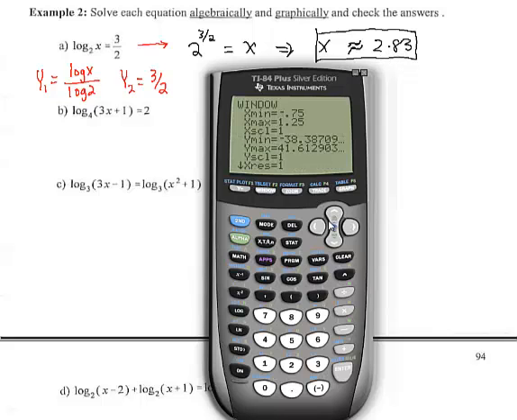We can start there and enter 0 for x min, and then maybe 3 for x max. And let's see, y min and max, we know y is 3/2, so for y max we'll put in 3.